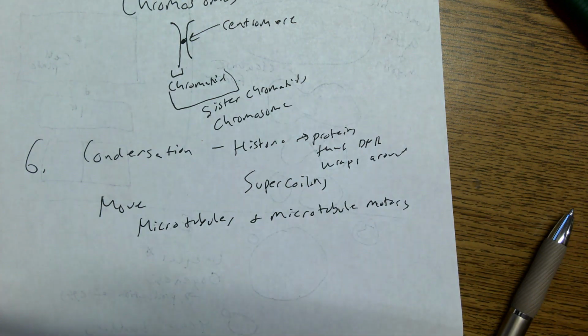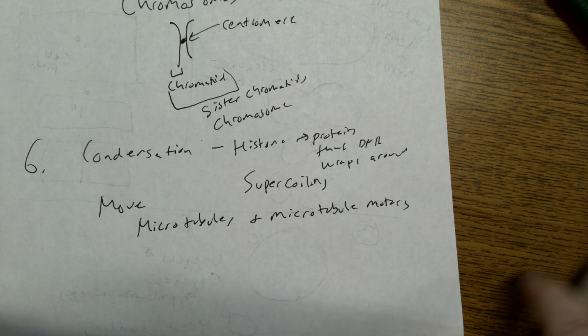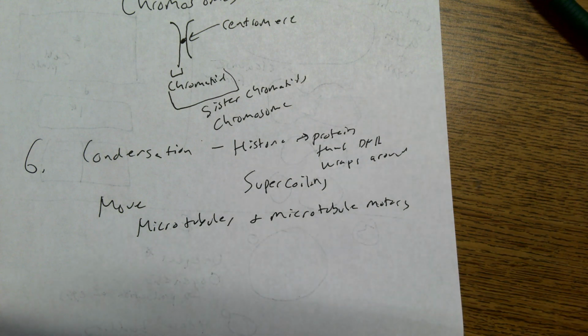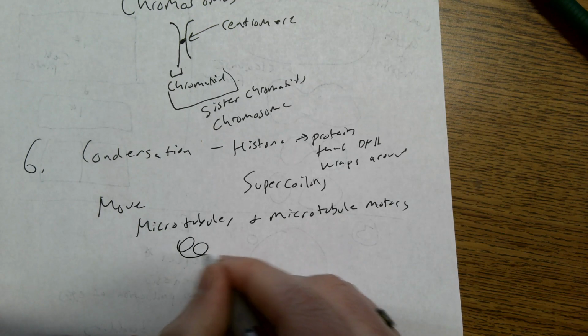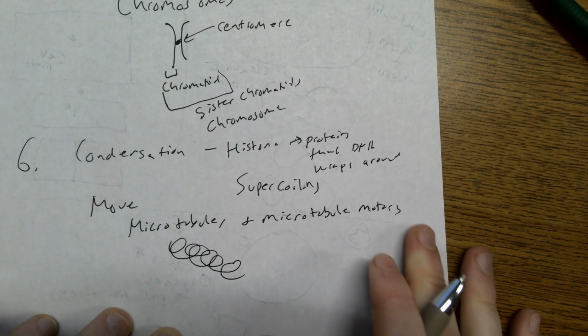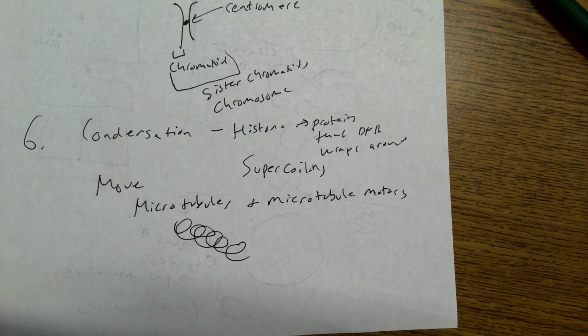And so they're these rods that you find. So they're these tubes, and they're found all throughout the cell, and they help move it. So they attach to the chromosomes, and they are responsible for moving them. And so they look kind of like swirly hollow tubes like that. It's kind of weird. And so they move them.